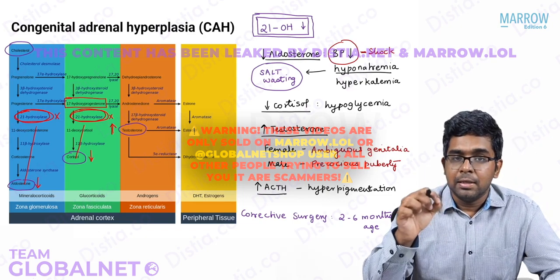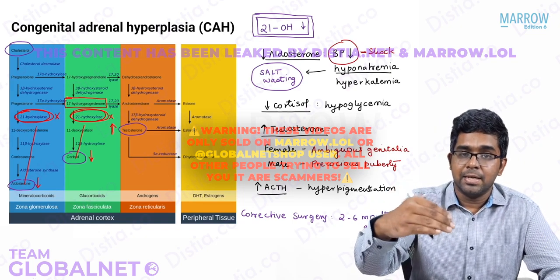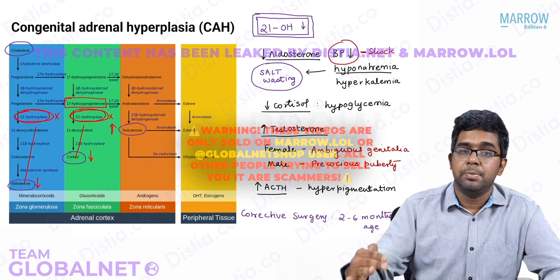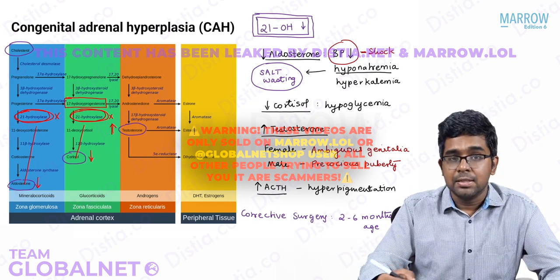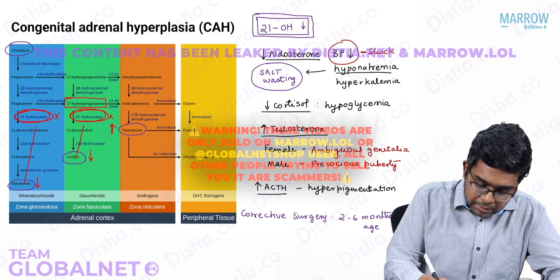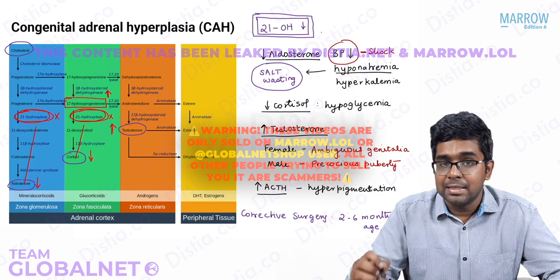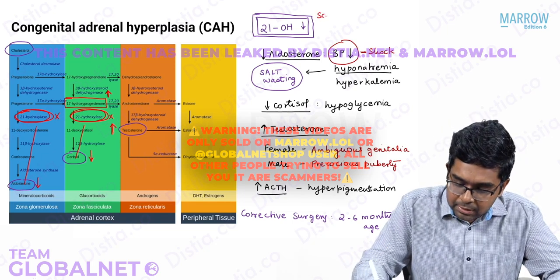What will happen? The deficiency is at the level of 21 hydroxylase. So the metabolites and enzymes below the 21 hydroxylase will not be produced. However, before 21 hydroxylase, every step is going to occur, as a result of which there will be increased levels of 17 hydroxyprogesterone. And this is the newborn screening test which we do. So what is that screening test?